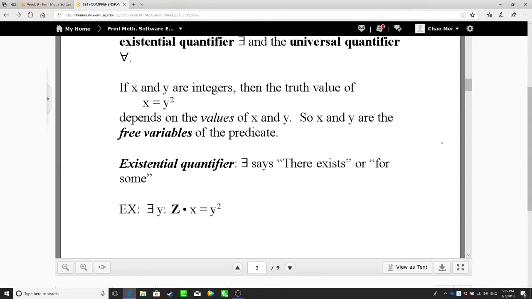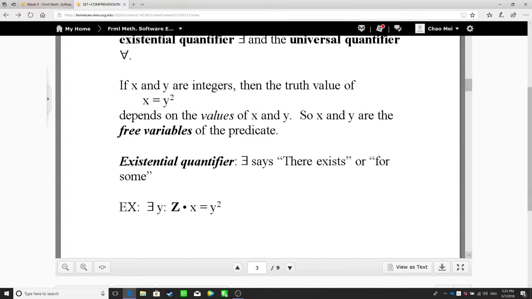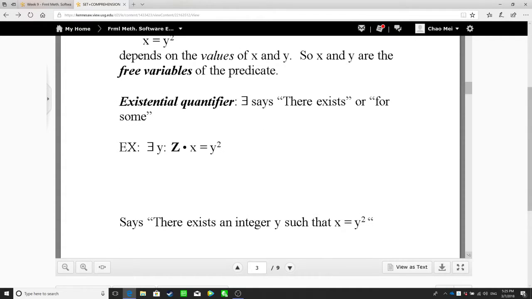Will this return true or false? If we remove this, it depends on x and y. But if we put it here, the whole thing becomes there exists an integer y such that x equal to y squared.